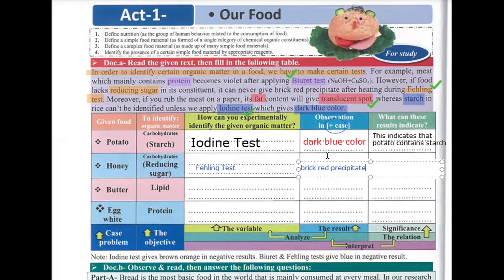So once we apply the Fehling test on honey and it shows us a brick red precipitate, this is an indication that honey contains reducing sugar.